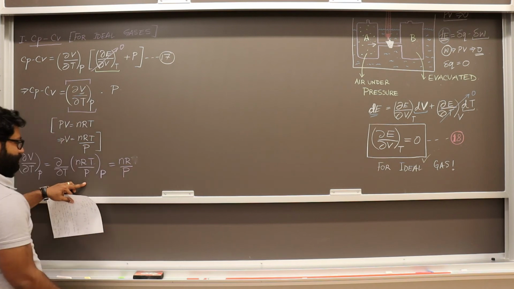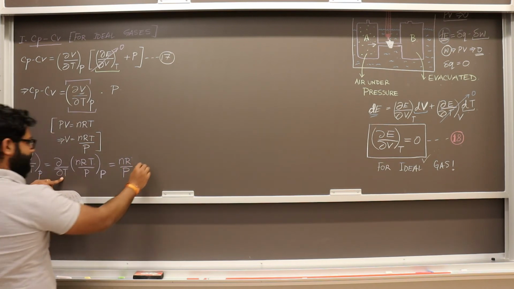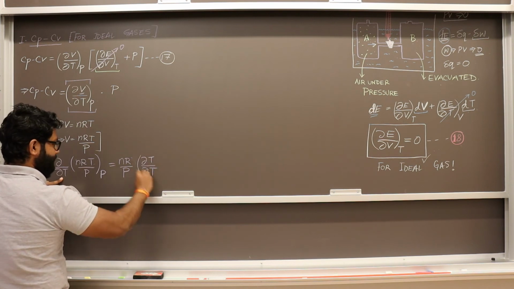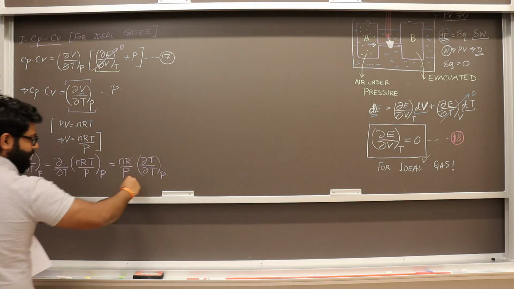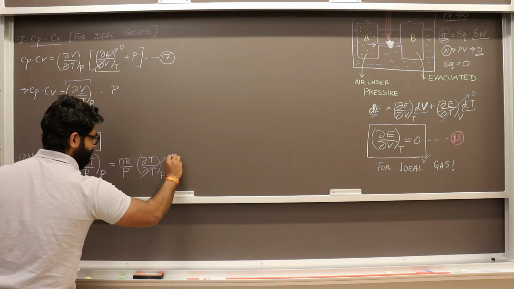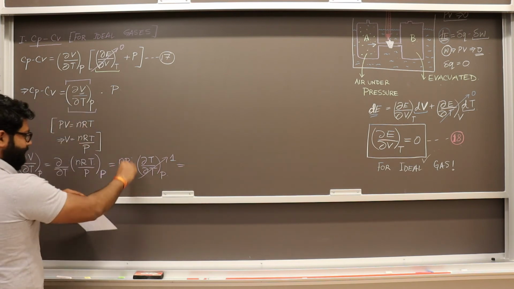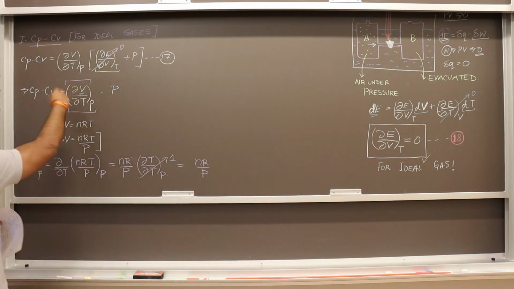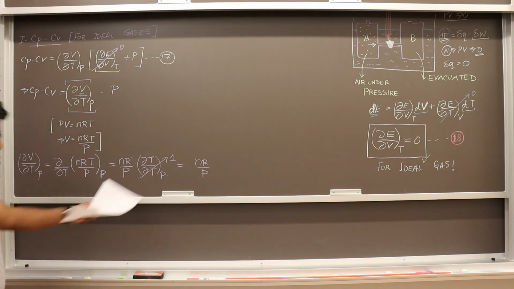So pressure comes outside, and this whole thing becomes del T by del T at constant pressure, right? So this whole thing is 1, right? This whole thing becomes 1. So essentially this del V by del T at constant P becomes nR by P. So everything in that purple box is nR over P.